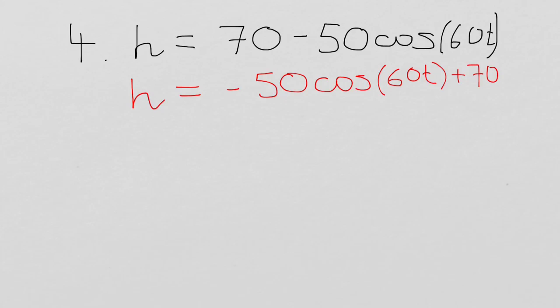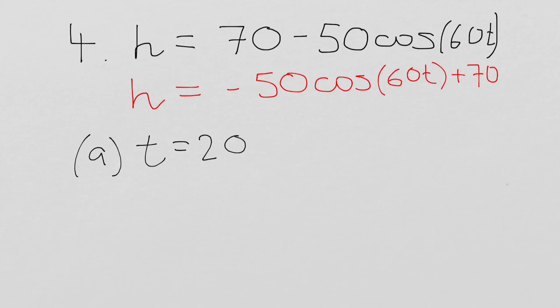You can then sketch the graph. Please remember, an amplitude of negative 50 means the graph is going to be flipped. So once again, like we did in class, you can do negative 50 cosine 60t first, and then add your 70, which means carrying out your vertical translation.